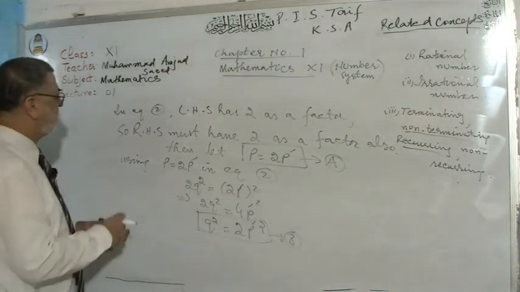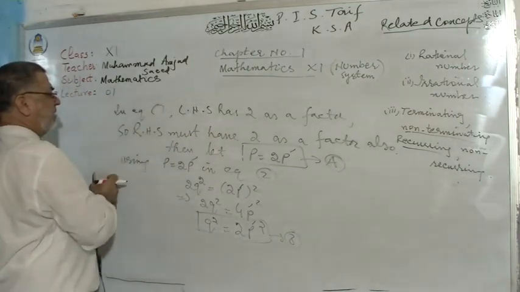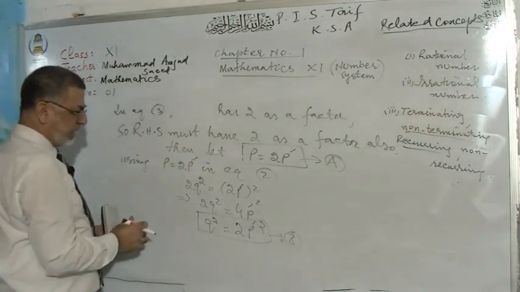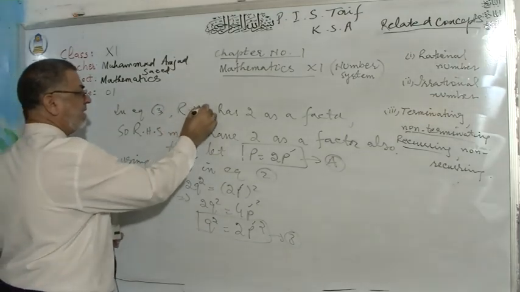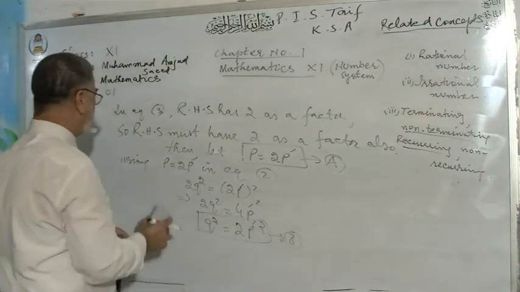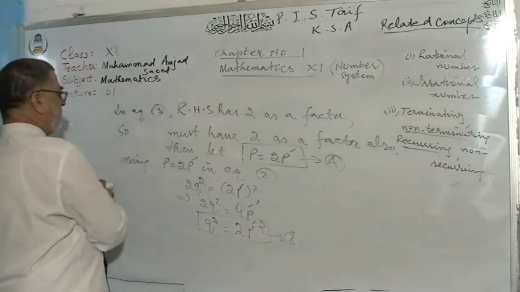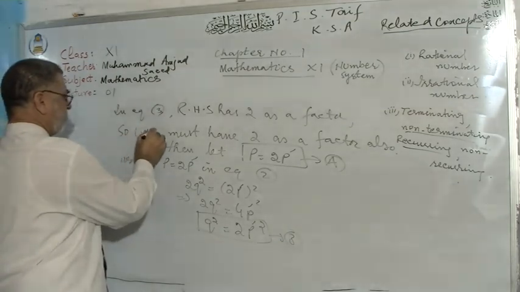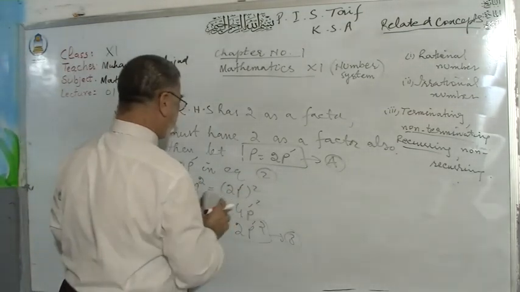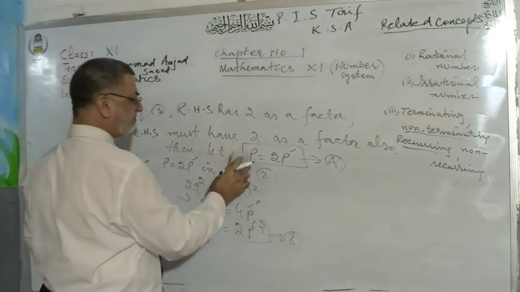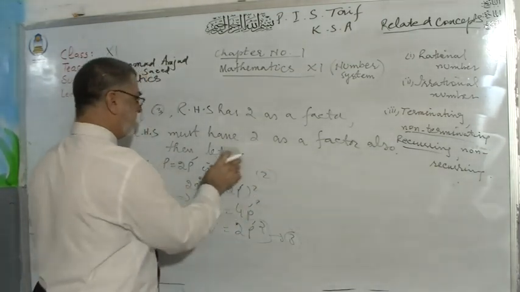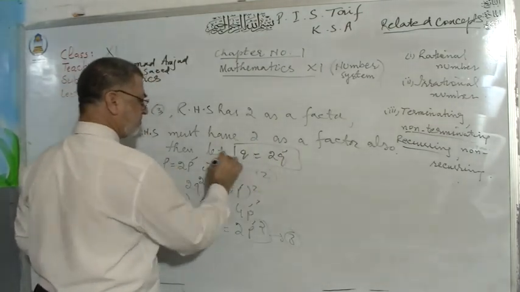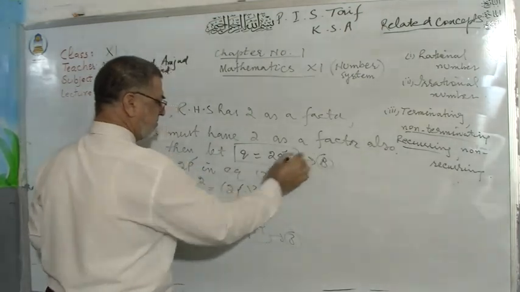In equation number 3, the right hand side has 2 as a factor, so the left hand side must have 2 as a factor also. Then let q is equal to 2q dash. This is B.